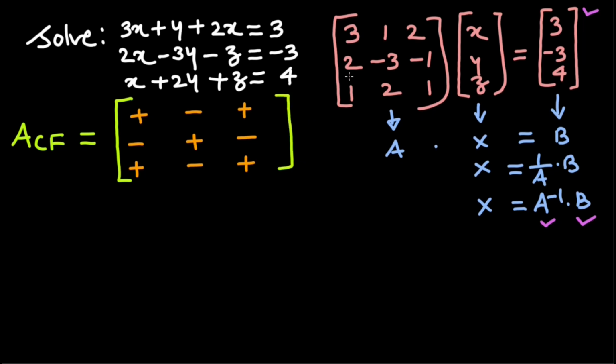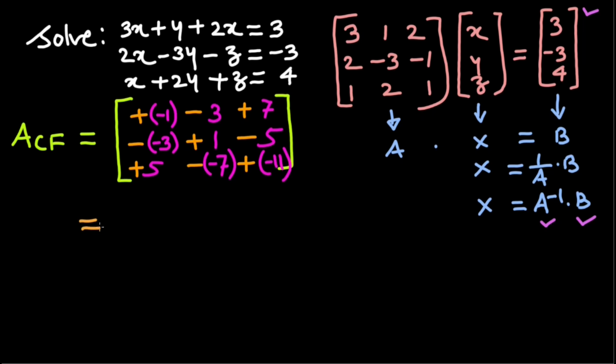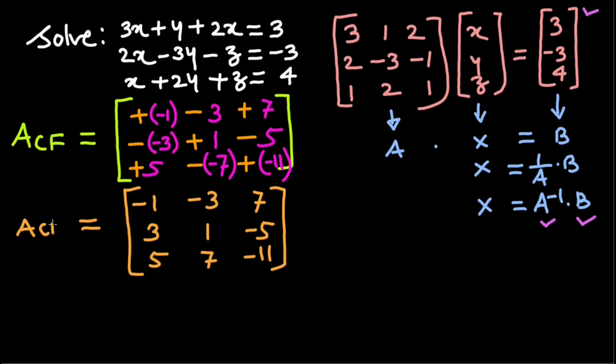Next, we will write the values of the minors of these elements. So they will be minus 1, 3, 7, minus 3, 1, 5, 5, minus 7, minus 11. So the cofactor matrix becomes minus 1, minus 3, 7, 3, 1, minus 5, 5, 7, minus 11. So this is our cofactor matrix.